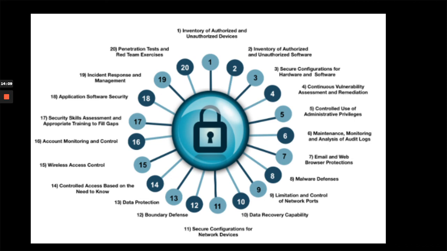Control use of administrative privileges, maintenance, monitoring, and analysis of audit logs, email and web browser protections, malware defenses, limitation and control of network ports, data recovery capability, secure configuration for network devices, boundary defense, data protection, controlled access based on the need to know, wireless control, account monitoring and control, security skill assessment and appropriate training to fill gaps, application software security, incident response and management, penetration tests, and red team exercises.